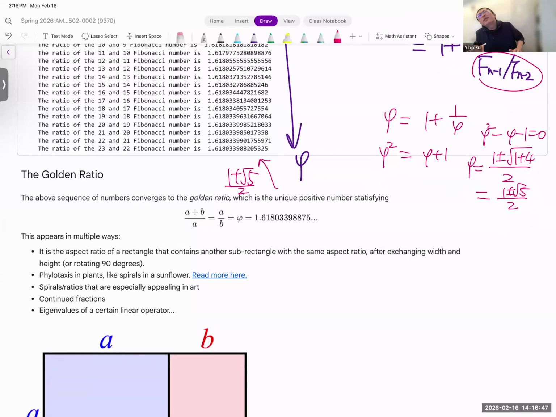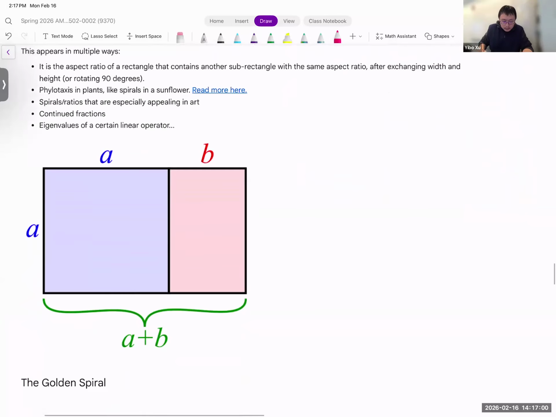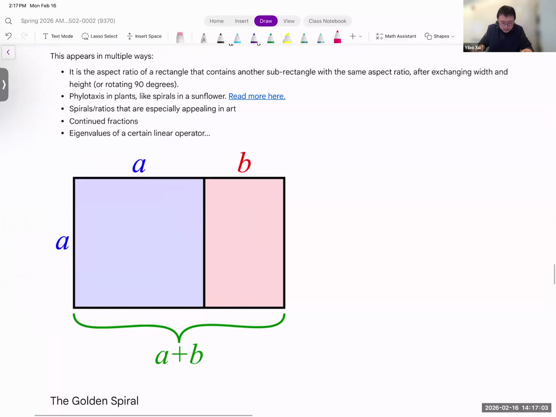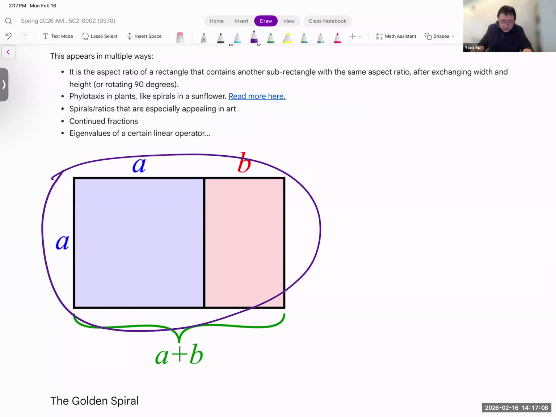And I think the rest of the section is also talking about the context of the golden ratio. So you can read what's in the rest of the notebook. Basically, if you have this kind of rectangular shape, the larger rectangle with width a plus b and length a, if it is similar to the smaller one, then that ratio you can calculate is also the golden ratio.